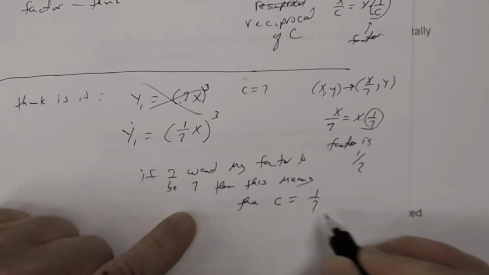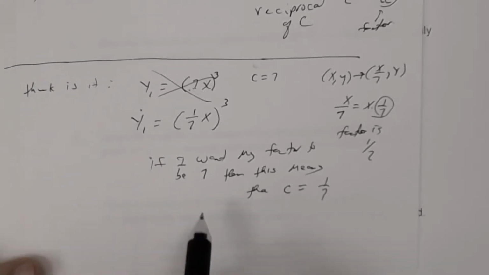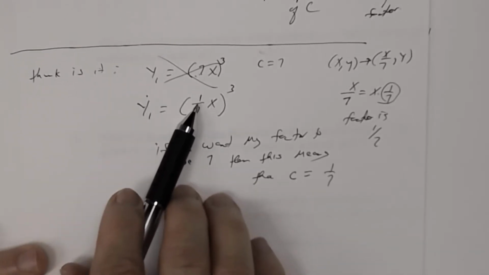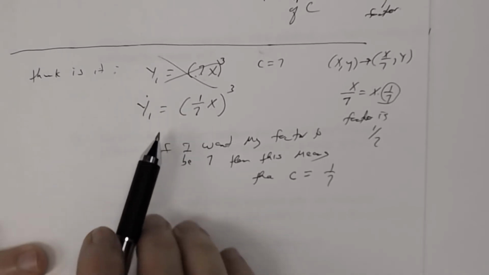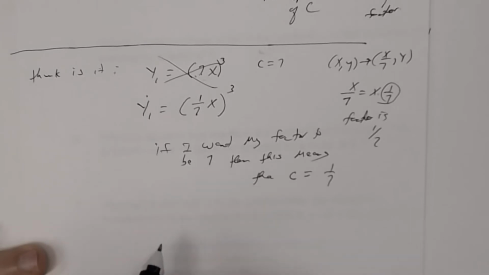So it'll be 1 over 7. So that's c. Okay? So that means y1 is this. Because if c is 1 over 7, then I am stretching horizontally by a factor of 7. Okay?